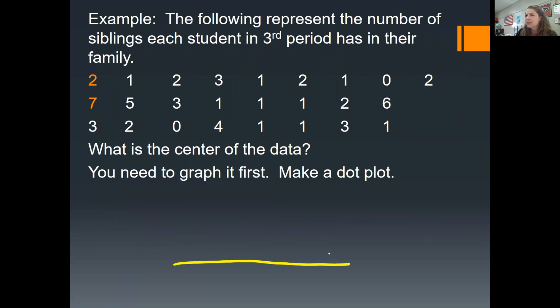I see the smallest number 0, the biggest number 7. 0, 1, 2, 3, 4, 5, 6, 7. And we're just going to put X's in order of what we see. So I have 2, 1, 2, 3, 1, 2, 1, 2, 1, 0, 2, 1, 0, 2.